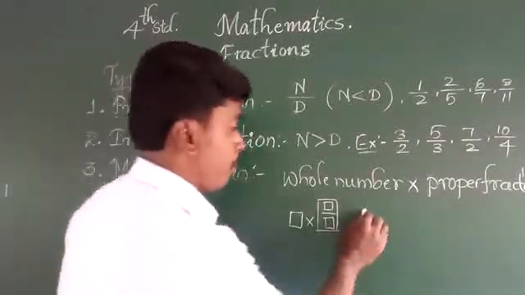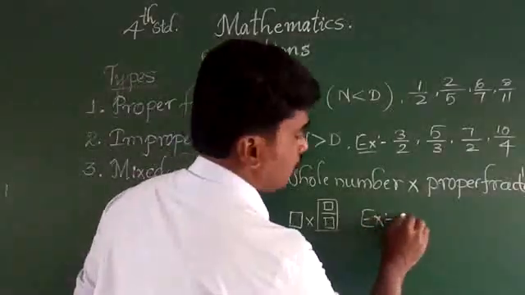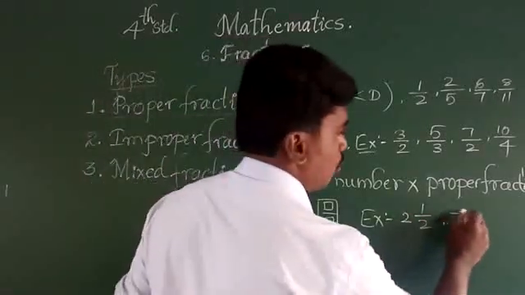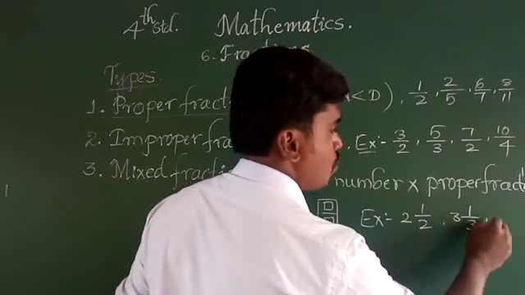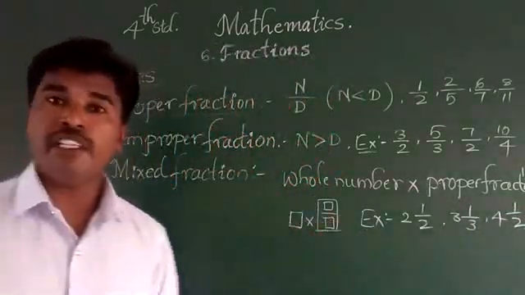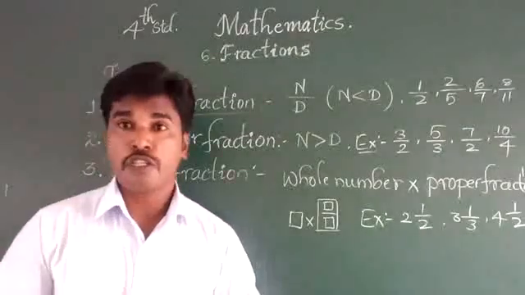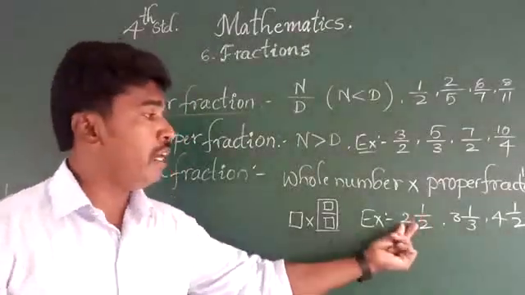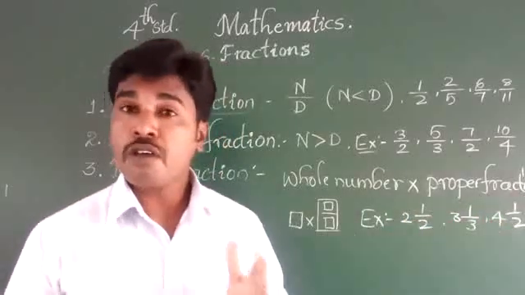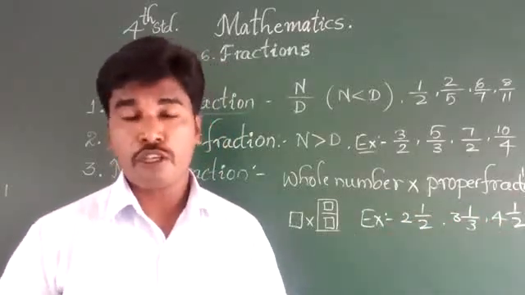For example, 2 into 1 by 2, 3 into 1 by 3, 4 into 1 by 2. These are all examples of mixed fractions. Mixed means one whole number is there and a proper fraction is there. So those are called mixed fractions.